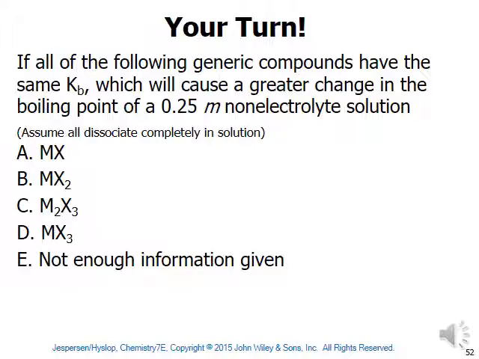So this will break into 2 parts, M and X. This will be broken into 3 parts, M and 2 X's. This will be broken up into 5 parts, and this will be broken up into 4 parts. So C is going to break up into the most parts, and it's going to have the greatest effect on changing the boiling point or freezing point, independent of what they are to a certain degree.